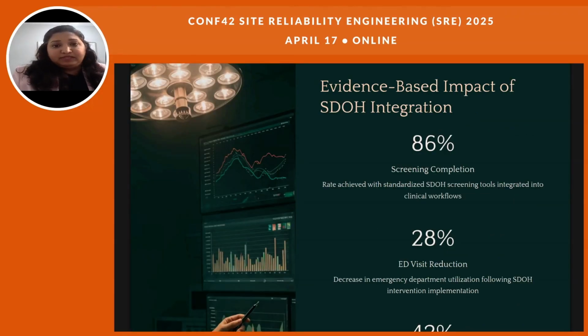There are evidence-based impacts of SDOH integration. It has been seen that once SDOH has been integrated into the clinical workflows and healthcare framework, almost 86% gain has been achieved in completion of member screenings, where initially the outreach was low, but once the integration of SDOH was successfully completed, the screening rate for these members was achieved up to 86%.